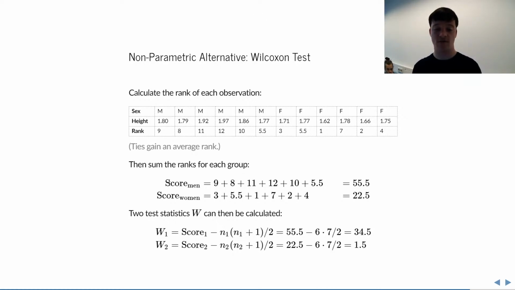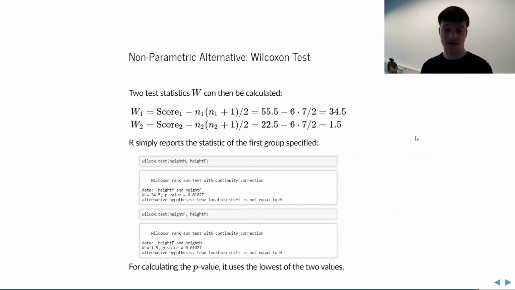So we take the score, this one, and we do something with the sample size to correct for that, and then you get your Wilcoxon test statistic, in this case 34.5. Of course, you could do it also for the other group and you get a different value, but it doesn't matter in the end. Then, using this and a Wilcoxon distribution, which I'm not going to show here, but it works the same way, just look at the surface area from then onwards, and you'll get a p-value.